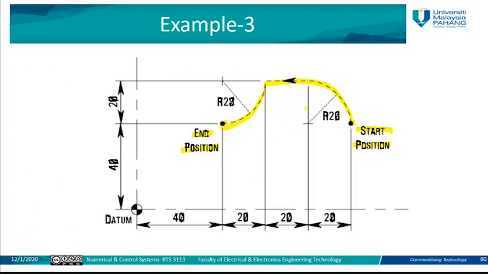In this case, we have two movements which depend on circular interpolation from this point until here, this is circular interpolation. Then from this point until that point, this will be linear interpolation. Then from this point to this point, this will be another circular interpolation.